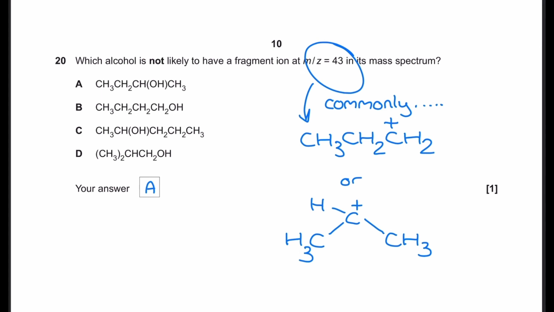So then I basically go through all of the structures in here and I'm trying to find the molecule that doesn't have this. Now what I can see, even though the correct answer is A, let's give a little bit more information.